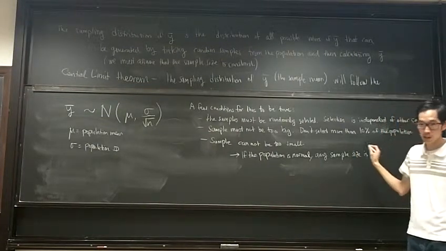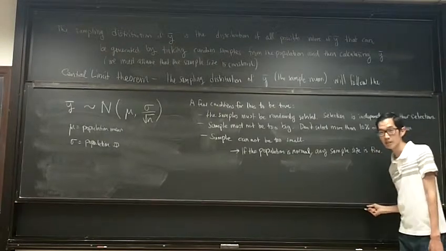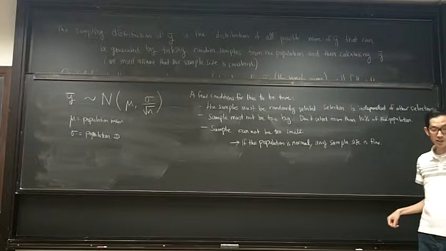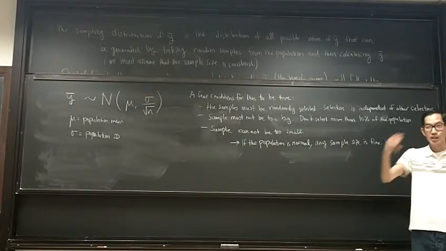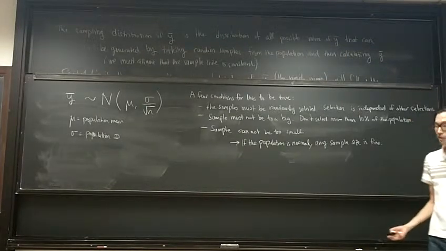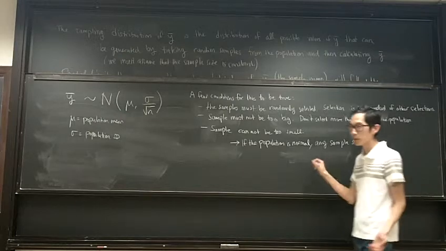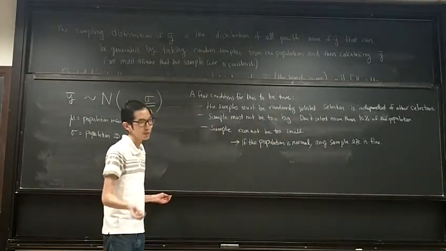There's no sample size that is too small for a population that's normal. Because at the heart of it, if you select an individual from a population that's normal, then you'll just have the distribution of the population, and that's normal. So we don't have to worry about that. Okay? But if the population is not normal, your sample has to be bigger.